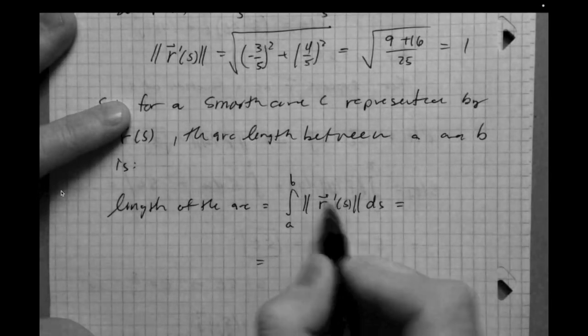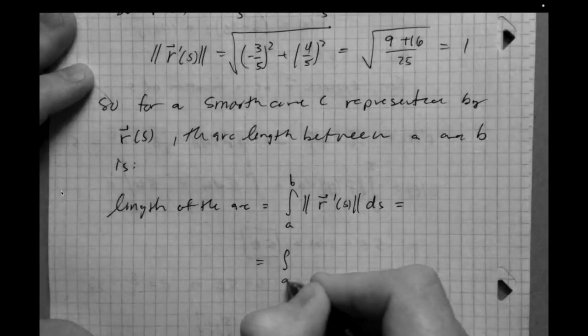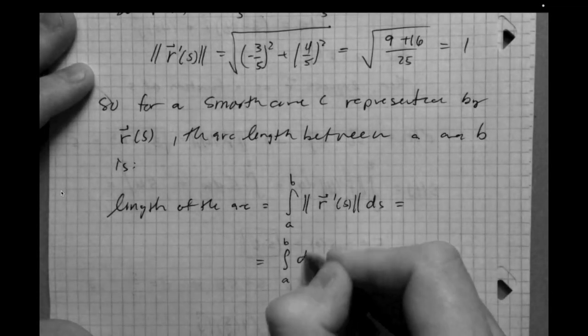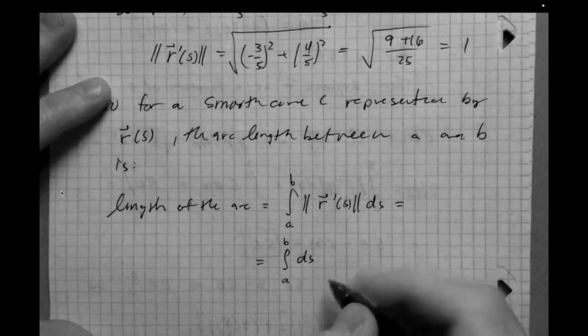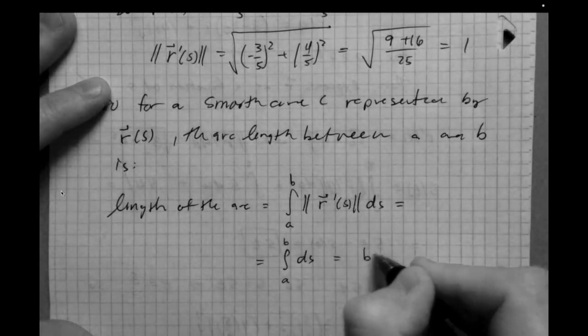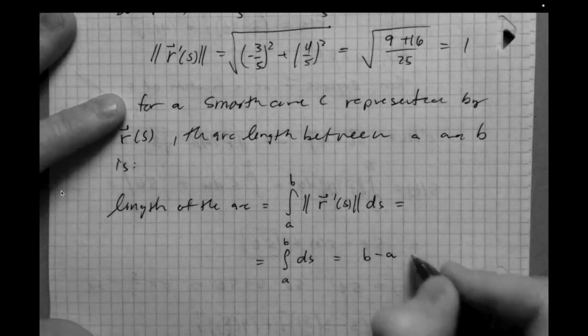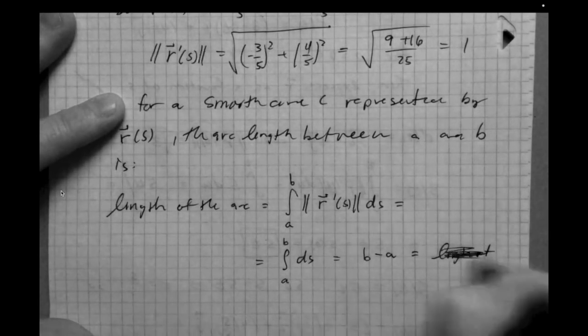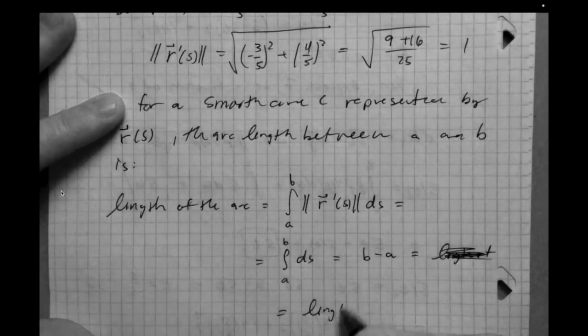We just showed that the norm is 1, so it's the integral from a to b of just ds. When we do that, we get b minus a, which is just the length of the interval.